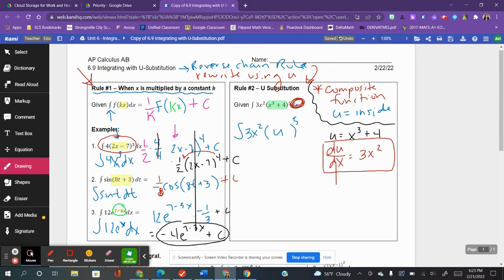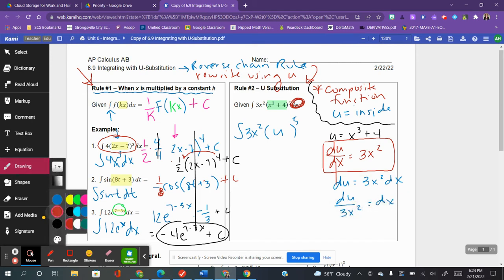All right, so I'm going to multiply both sides by dx. It means du equals 3x squared dx. I'm going to divide both sides by 3x squared. So I get du over 3x squared equals dx. And so I'm going to replace the dx in my integral, this right here, with du divided by 3x squared.